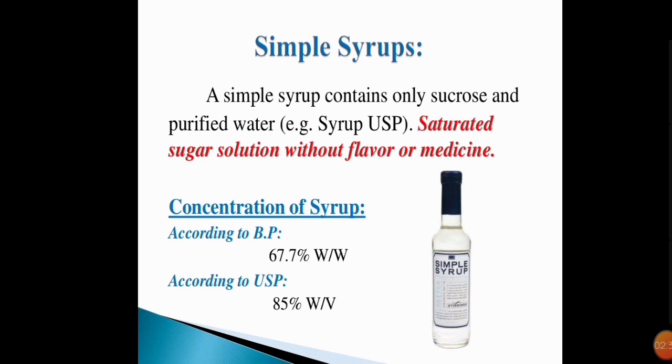This is the definition according to the USP. According to the BP, 67.7 grams of sucrose must be dissolved in sufficient water to make a whole weight equal to 100 grams. It is a saturated sugar solution without flavor or medicine.